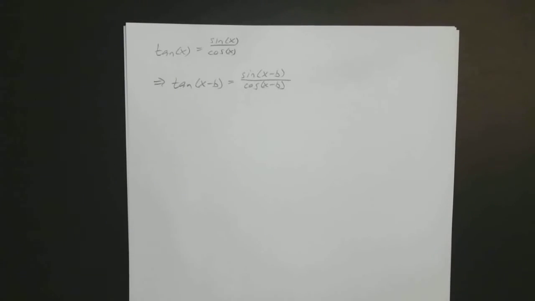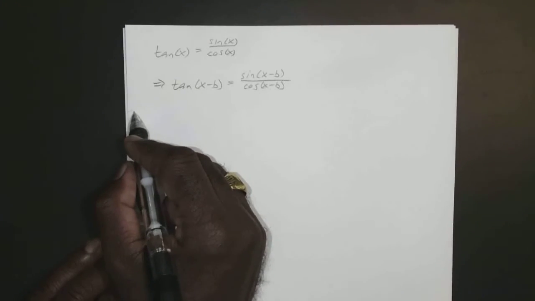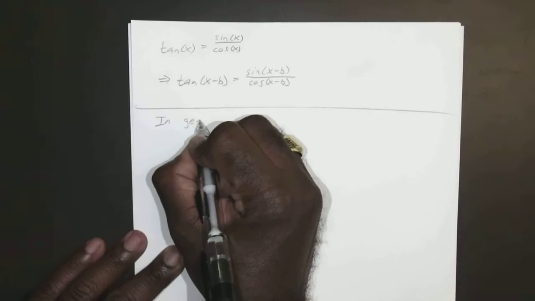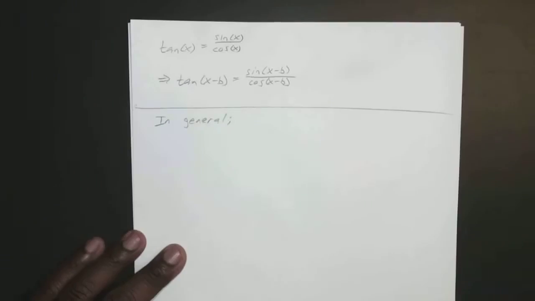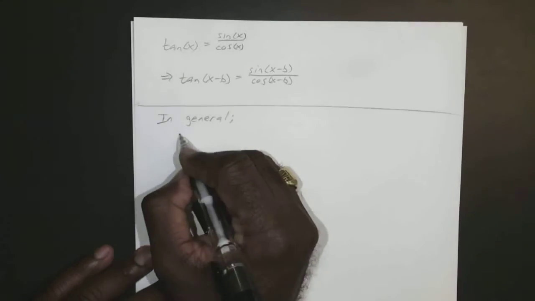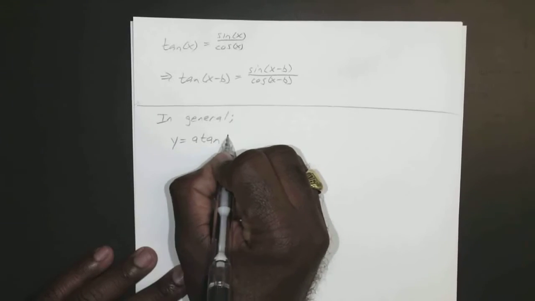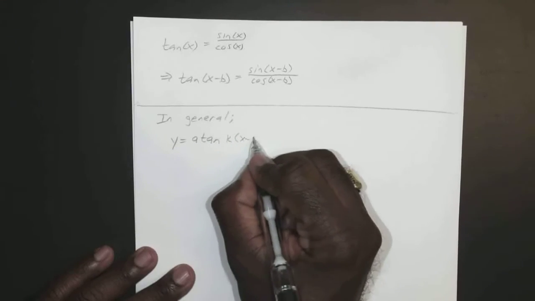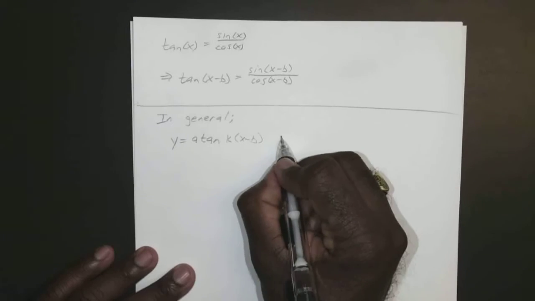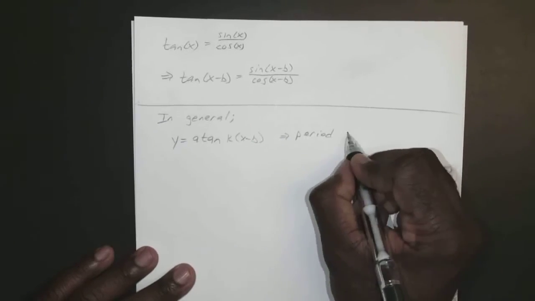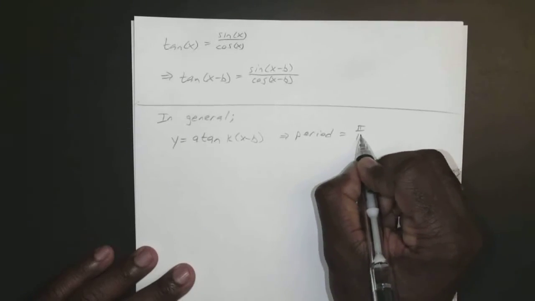Okay, so let's say, for example, oh, actually, let me give out the entire formula first. In general, I don't think you need the proofs and everything. That'll just burn up a couple of minutes. If you have y equals a tangent of k times x minus b, remember the period is pi over k.